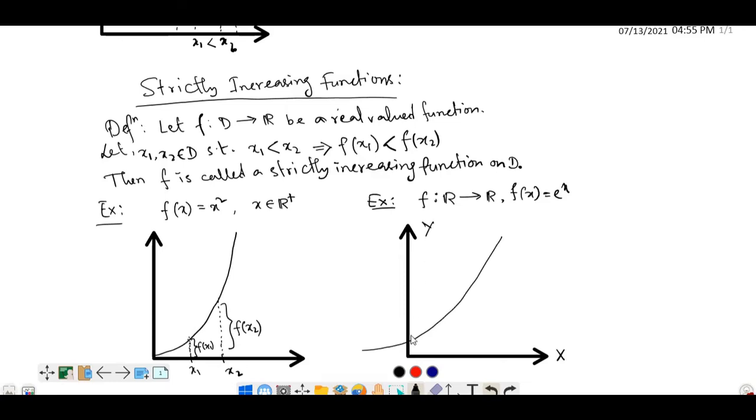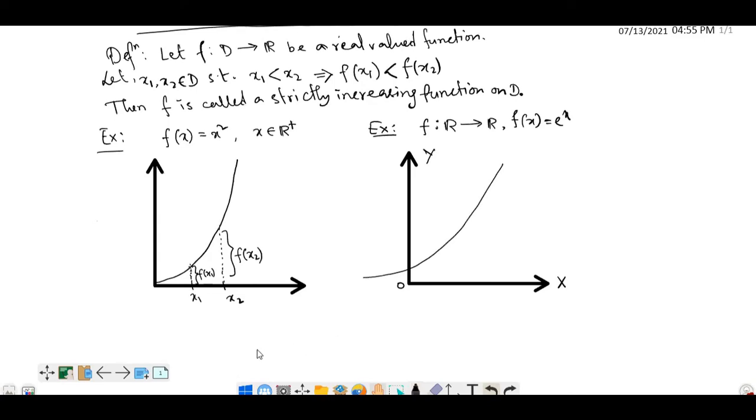So clearly, these are examples of strictly increasing functions. And you can clearly say here that for the function x square, if x1 is less than x2, then this will imply x1 square is less than x2 square. That means f of x1 is strictly less than f of x2.